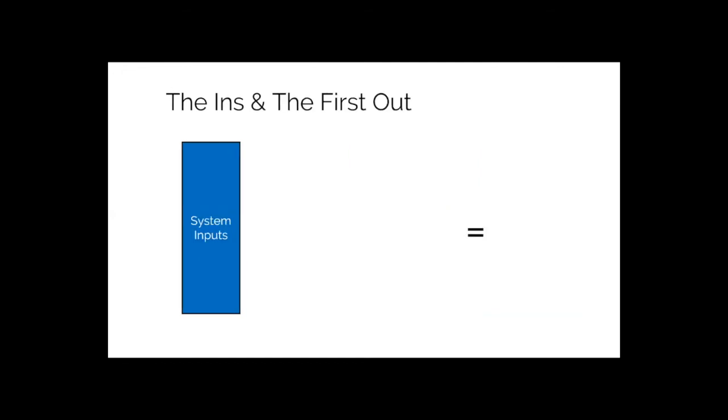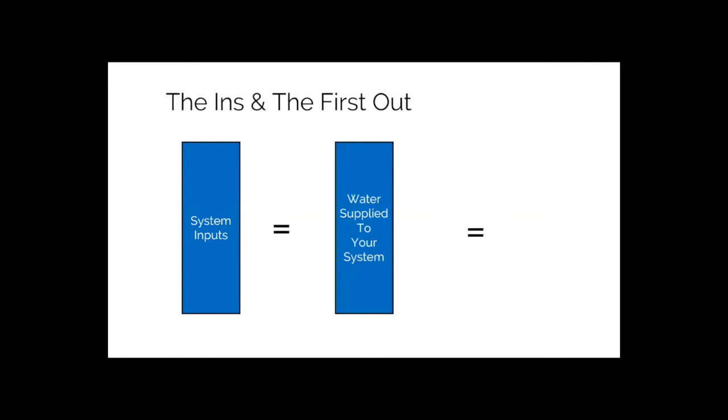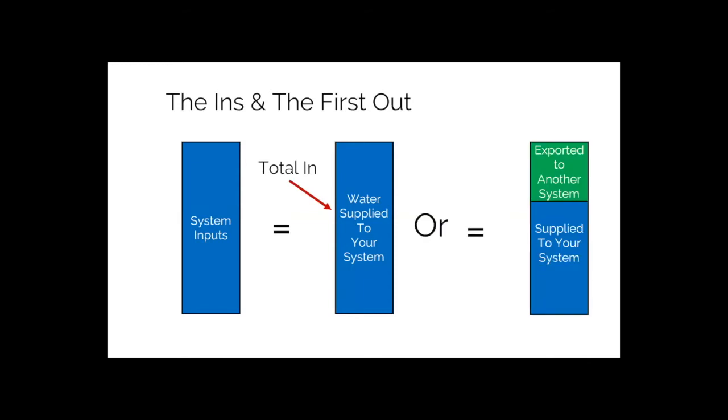Those system inputs can then go to one of a couple of places. So for most systems, the water that enters your system is delivered to your distribution system. It goes to your consumers. But for some systems, they may also have some export water. So that's the water that they would treat and then sell to another system or another purchaser.